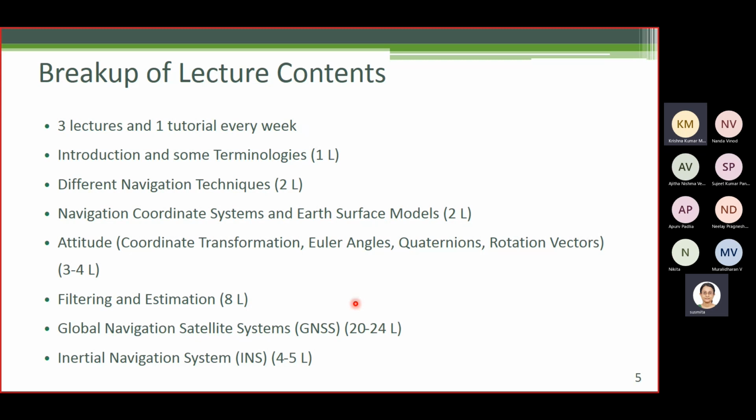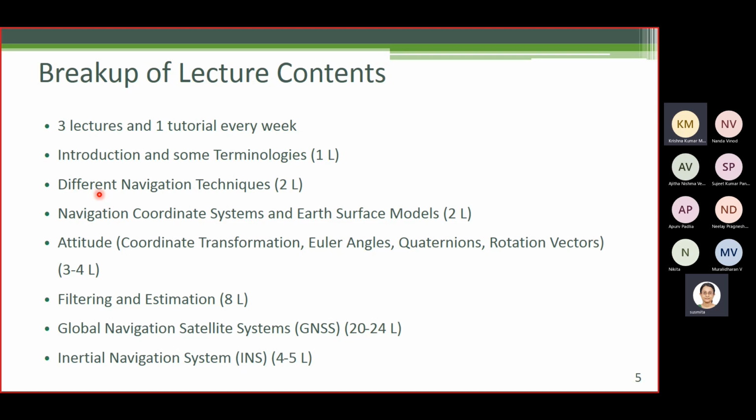So in the first class, we are having introduction and we'll also define some basic terminologies pertaining to navigation. Then in approximately 2 lectures, we'll have an overview of different navigation techniques. Then navigation coordinate systems and earth surface models will be covered in 2 lectures.